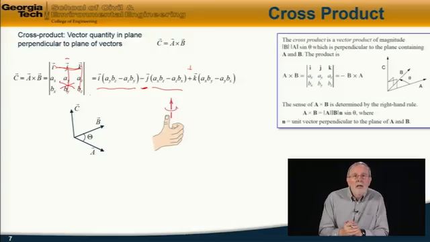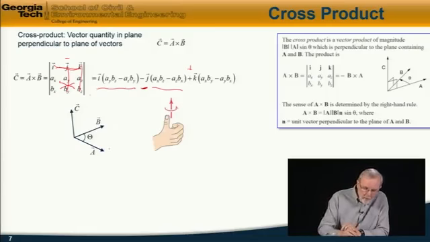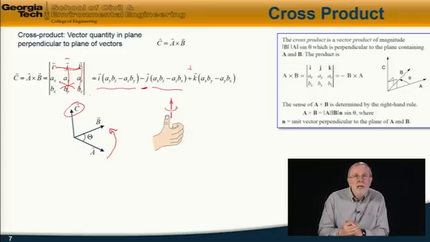If I curl my fingers in the direction from the first vector to the second vector, then the direction of the cross product is given by the direction that my thumb is pointing in. So in this case, the cross product A cross B, going from A to B in this direction, from the right-hand rule, the direction of the cross product C is in the direction which I've sketched there.